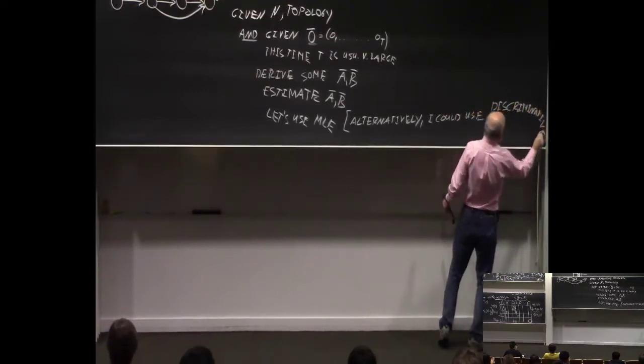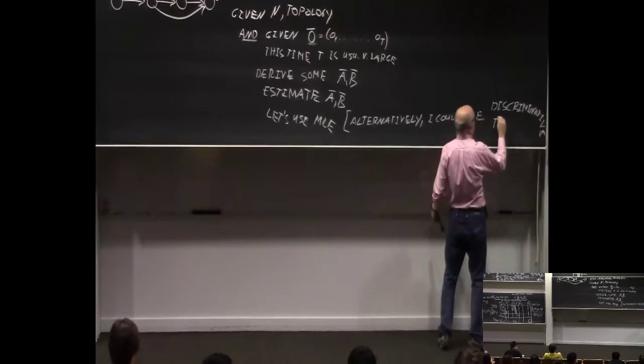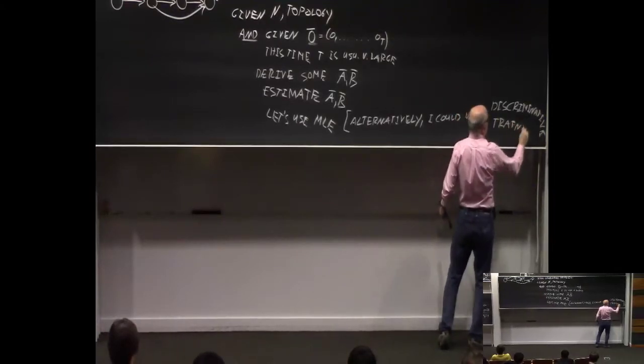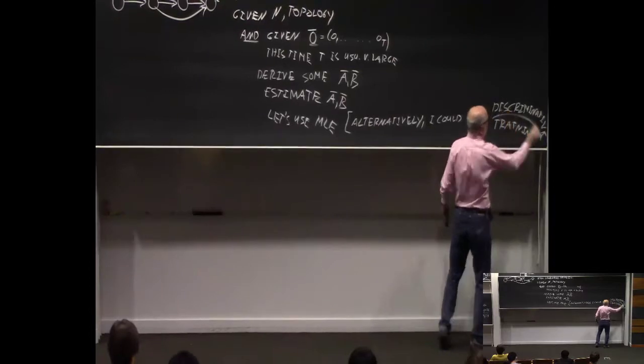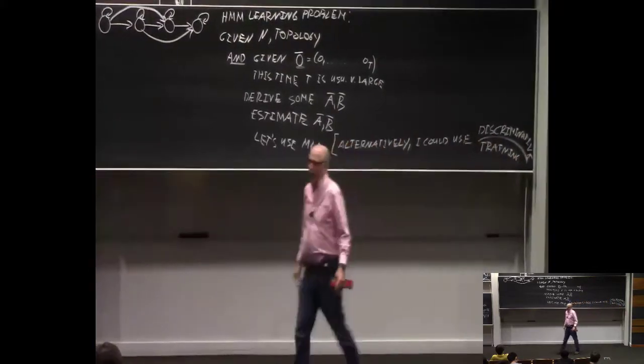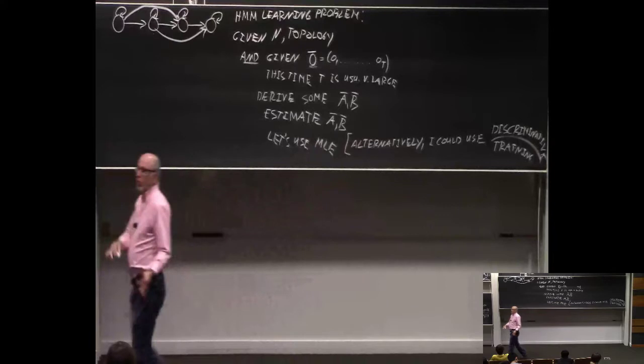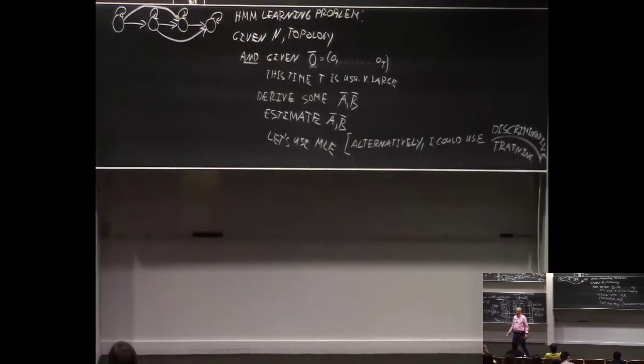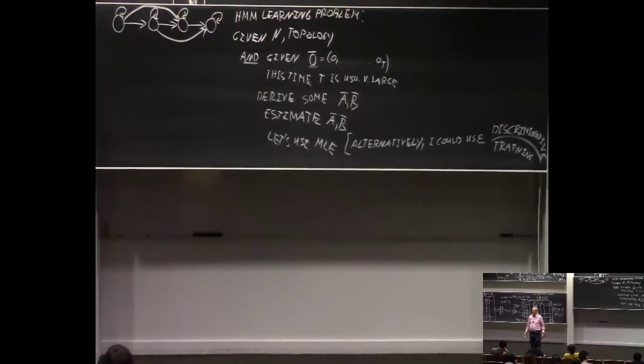Discriminative training is an alternative to maximum likelihood training that tries to directly optimize some classification task, some discrimination task. You can think of decoding as a classification task because there's a finite number of hidden state sequences. It's a very large number, but still finite, and you're trying to choose one of them.